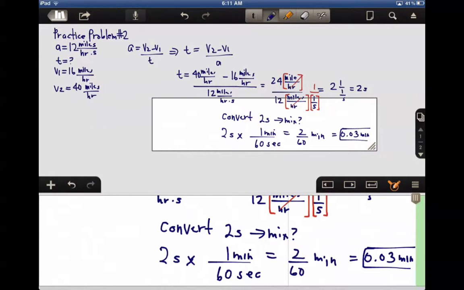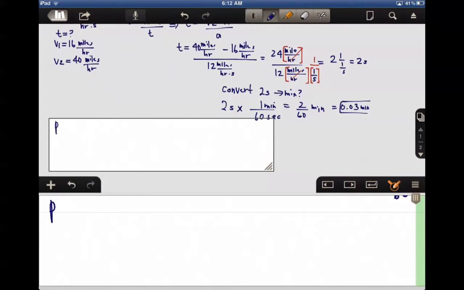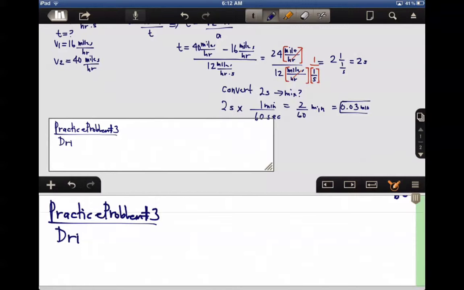I'm going to do one more sample problem. I'm driving a car at 18 meters per second.